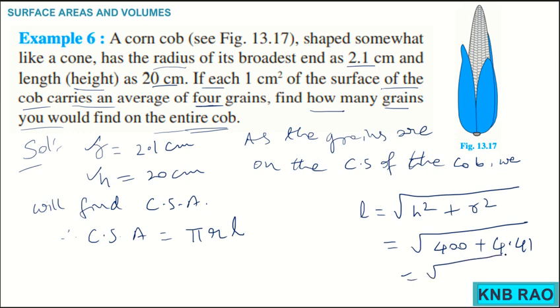The sum of 400 and 4.41 is 404.41, and the square root of 404.41 is 20.11 centimeter.